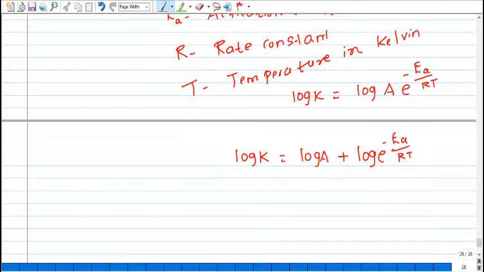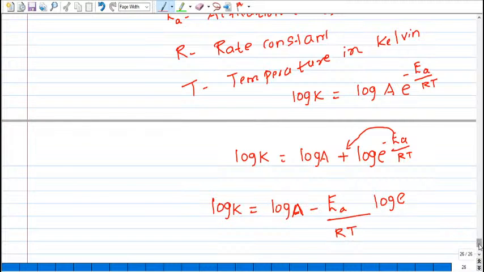By using the power rule, I can take this minus Ea to the front. So log k will be equal to log A minus Ea by RT log e.